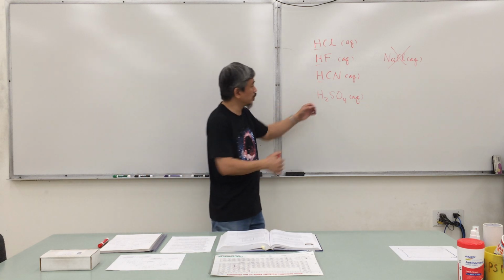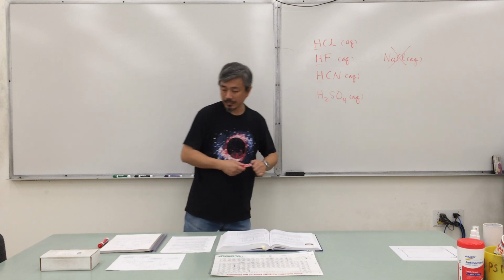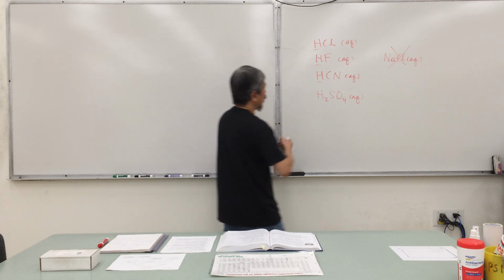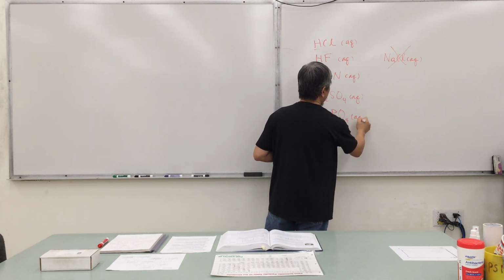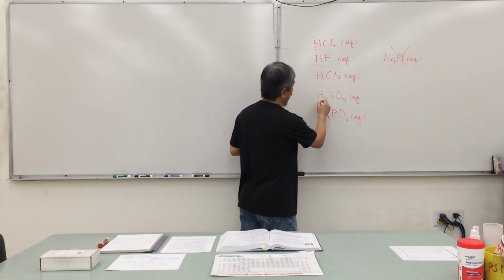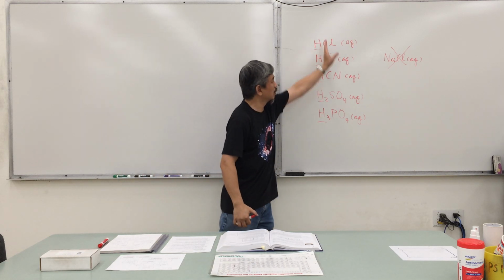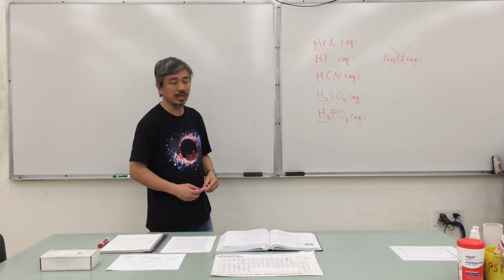So when you break this up, you now have more than 1 hydrogen that can possibly come off of this. Or if I have another one like this, H3PO4 (aq), and so on and so forth. So the beginning part, the H, would then clue you in on whether or not you have an acid or not, and then whatever comes on the anion side would then designate how we are going to go ahead and name these acids.